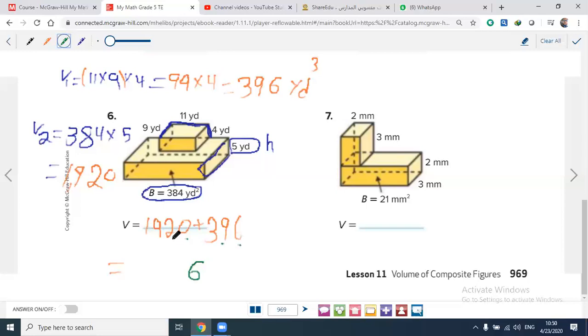Then 9 plus 2 equals 11. 1, and carry 1. 9 plus 1, 10. 10 plus 3 equals 13. 3, and carry 1. Then plus 2. So the answer is 2,360, and write the unit, cubic yard.